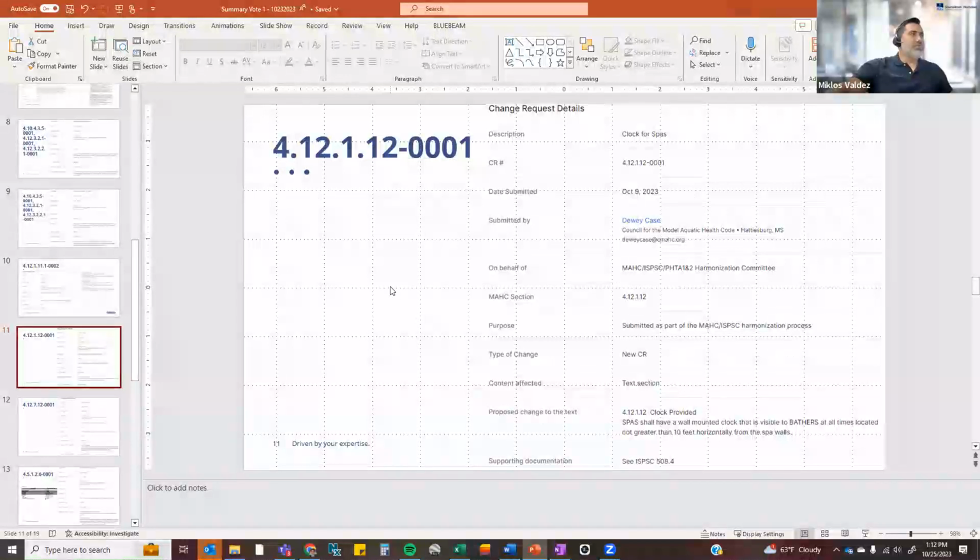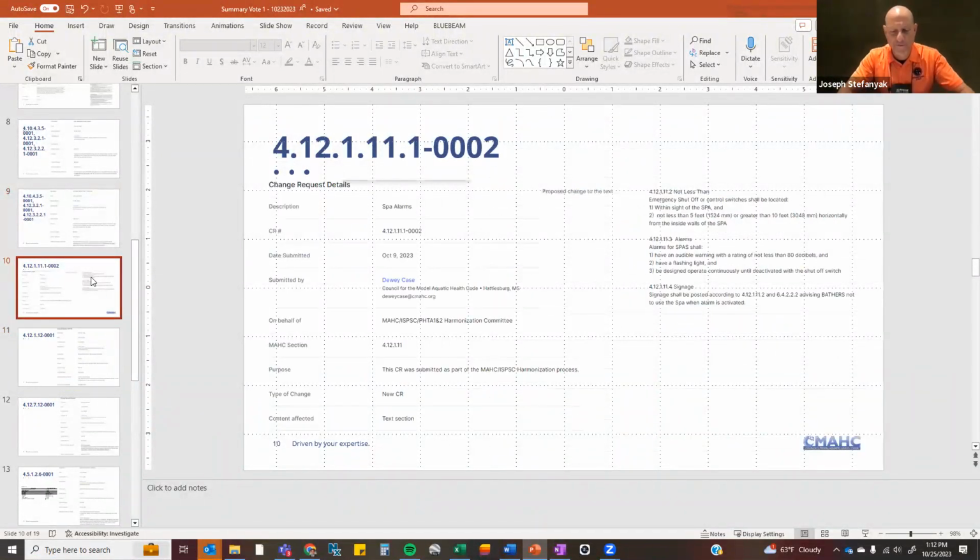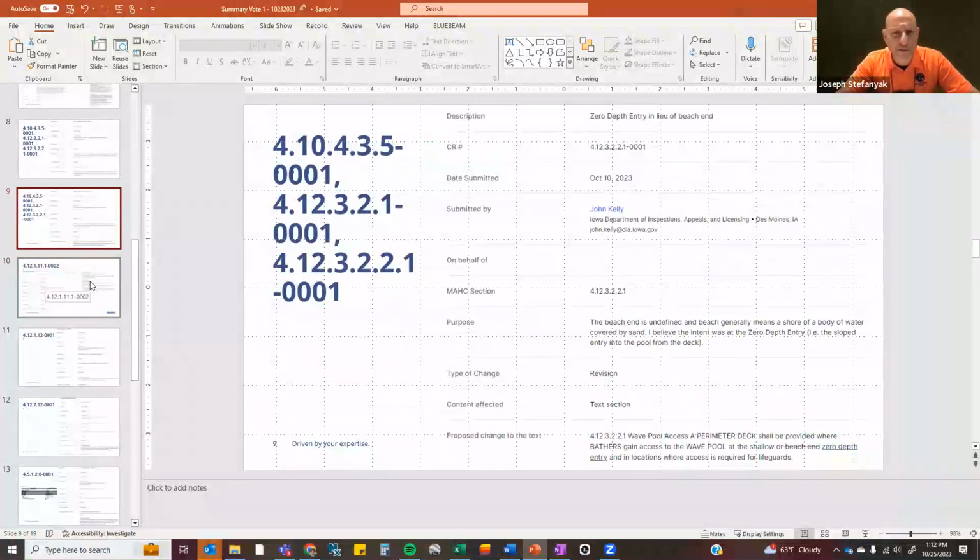This one's 412.112. Sorry, Miklos, I had one question, maybe for Dewey. Dewey, I don't remember what the language is in the surf venue CR, but do we need to address any of that here, or does the surf venue CR provide an exemption for some of this? I just want to make sure those languages match up if that's going to move forward.